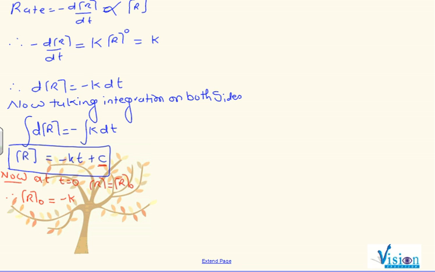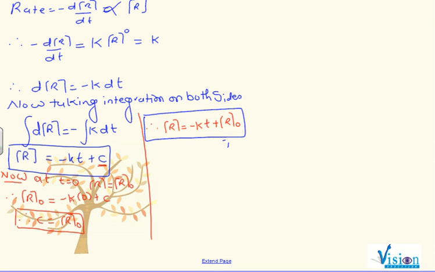R0 equals to minus k times t equal to 0 plus c, where k into 0 is 0. Therefore, c equals to concentration R0. And if you substitute this value over here, therefore, R equals to minus kt plus R0. Equation number 1.